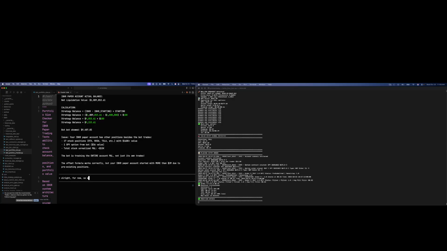For now, so we can have a positive return, create a script so we can gauge the performance of the option contract, the one SPY contract that is currently open.